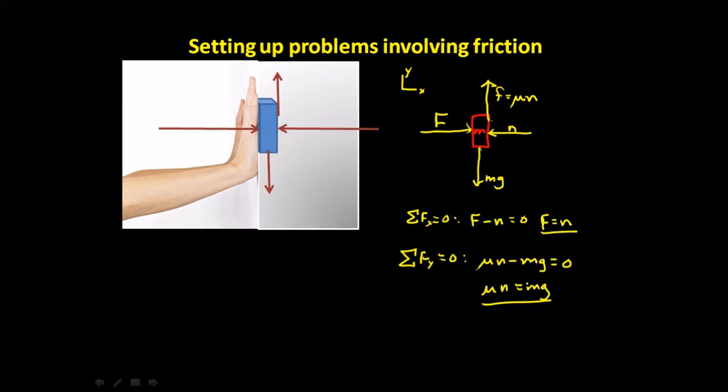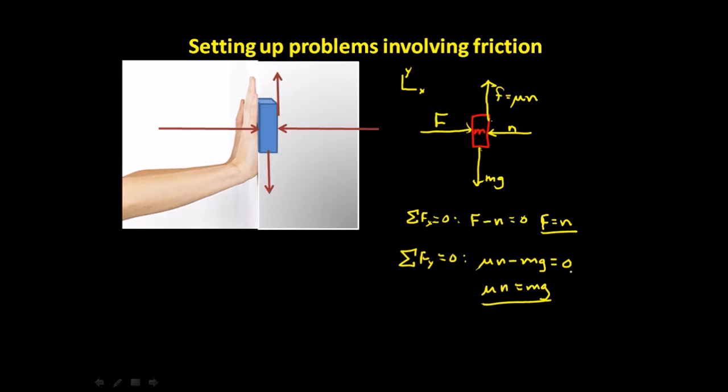Or if we know the mass and we know the applied force, well, let's see, the applied force tells us the normal force. That goes down here. We know the mass. We can compute what coefficient of friction we need to hold the mass to the wall. So you can work these problems in a lot of different directions just by using the very same equations.